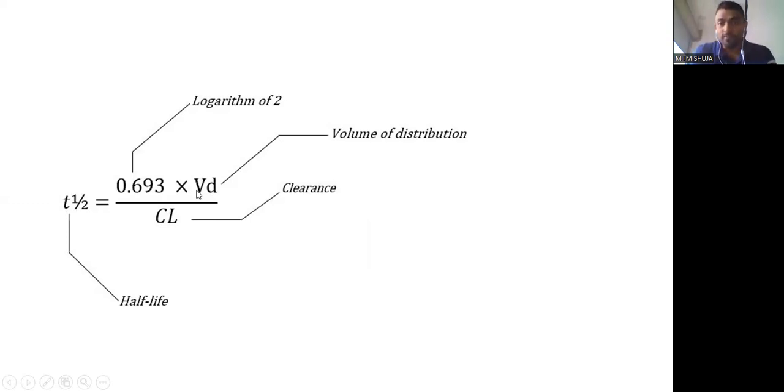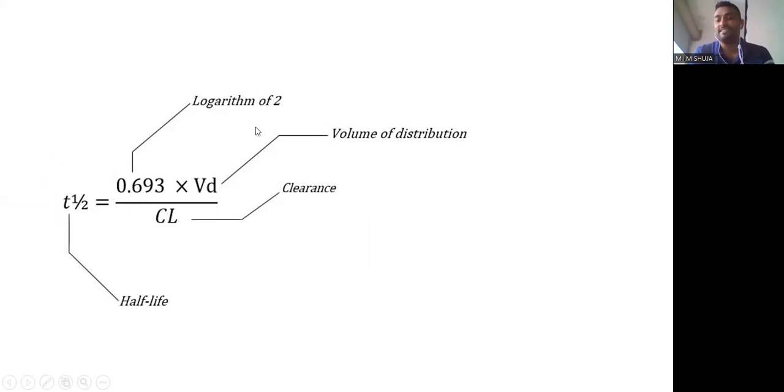If the volume of distribution is increased, that means the drug goes into all parts of the tissues in the body. The time taken for reduction from the plasma is also increased.